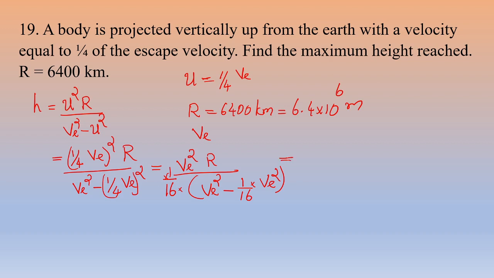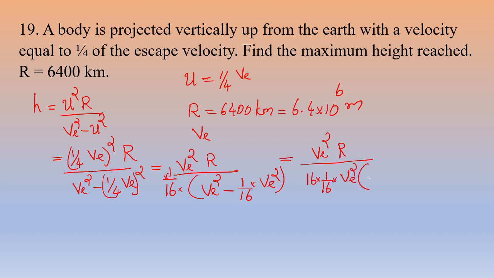So again we can arrange: v square into r divided by 16. We can take out the common terms, that is 1 by 16 v square, which are common.